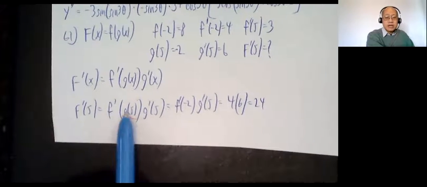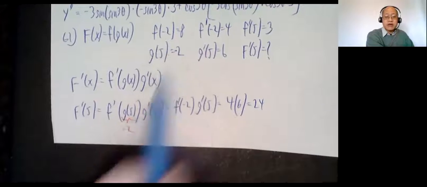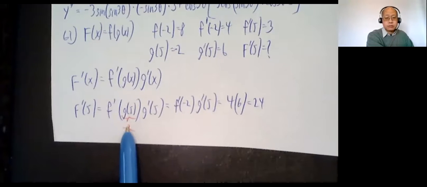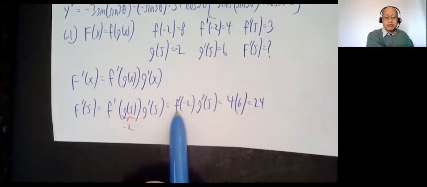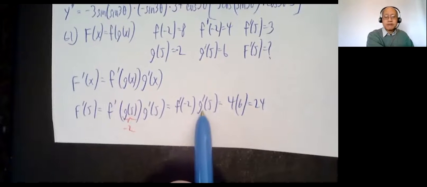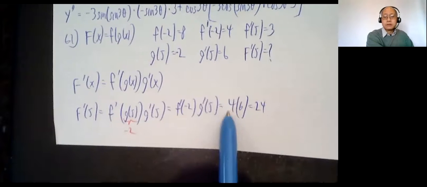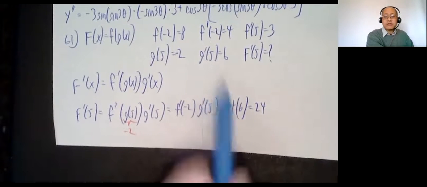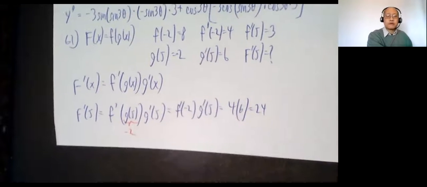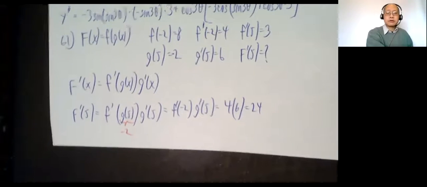They tell me in my chart that g of 5 is negative 2, so I change that to negative 2. So they want f prime of negative 2 times g prime of 5. f prime of negative 2 is 4. g prime of 5 is 6. 4 times 6 is 24. So that's how you do 61.